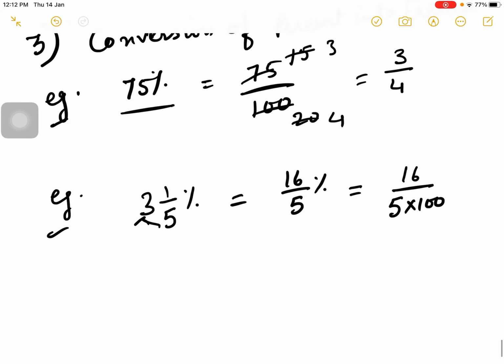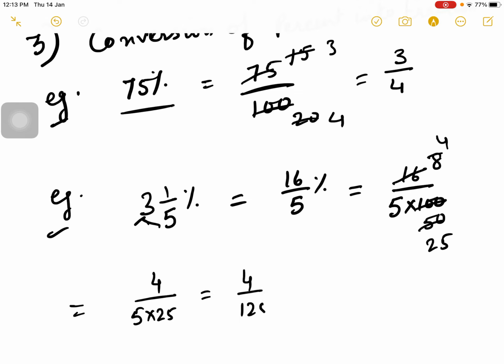Now reduce it. 2 8s are 16, 2 5s are 10, 2 4s are 8 and here it will be 25. So the answer is 4 upon 5 multiplied 25, and it is 4 upon 125. So in fractional form it is 4 upon 125 and in percentage it is 3 1 upon 5%.